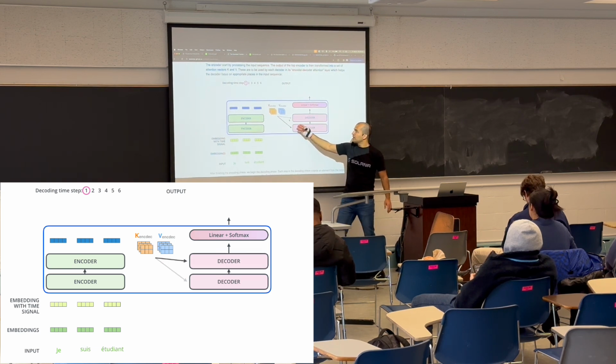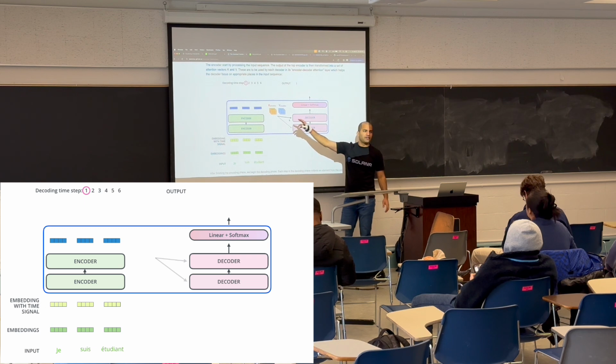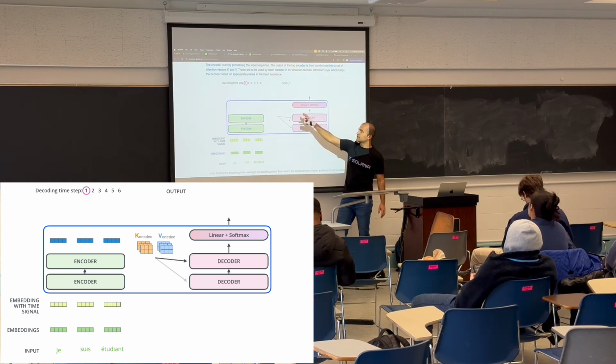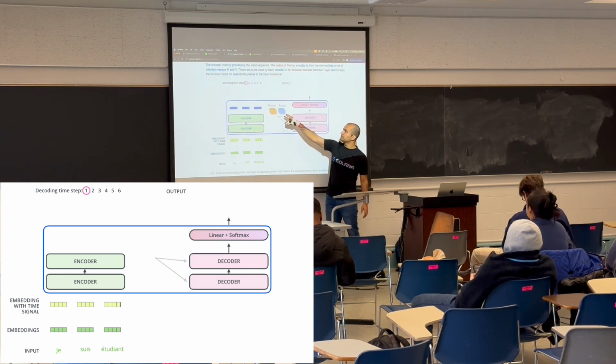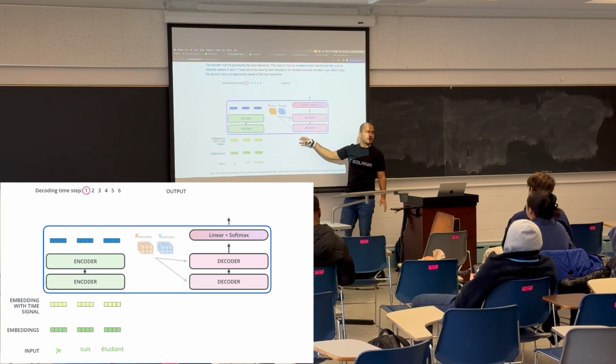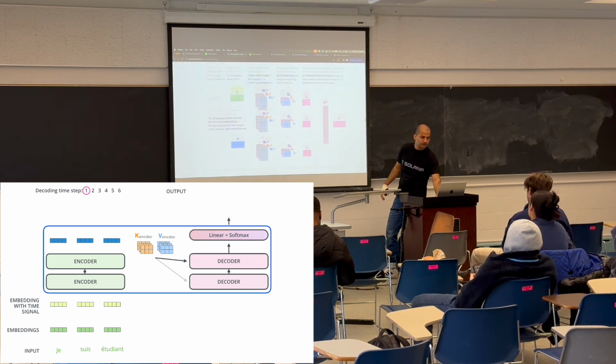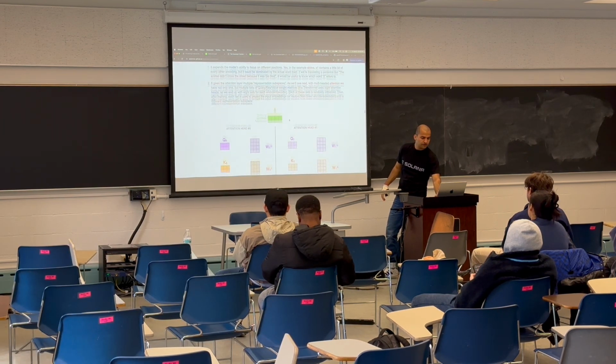And then this query is attended to by these K and V values. So you don't get the query from there. You get the output from the encoder, and then there is this matrix called K encoder-decoder and V encoder-decoder, and you use these as the inputs which you would have used here.